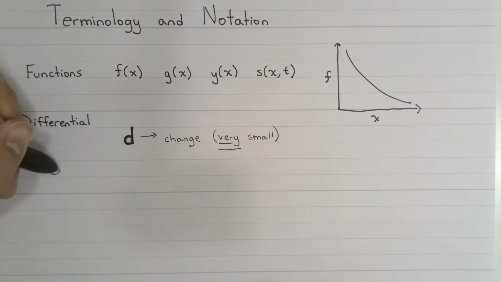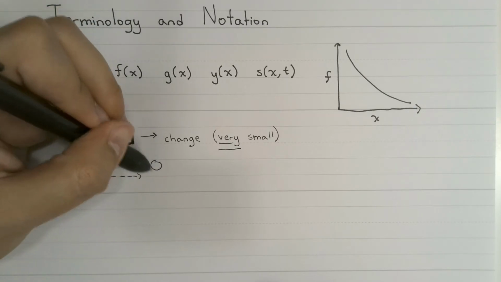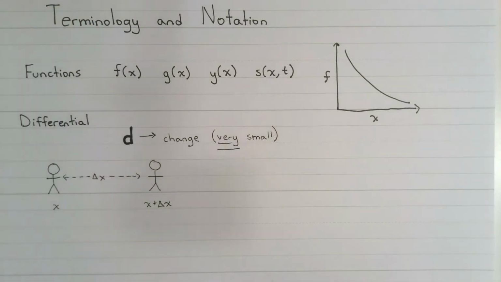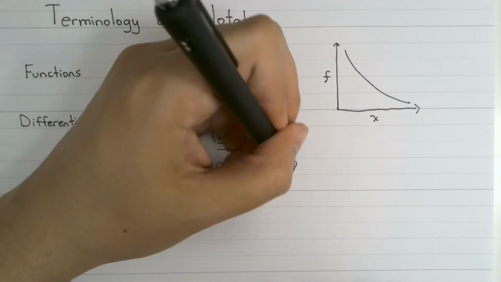Suppose you're mapping the position of a moving body. Perhaps your first position is at x, and after moving a distance delta x, your second position will be x plus delta x. Now the change in position delta x will determine your second location. Perhaps we want to make delta x smaller, so that we can really examine that change.